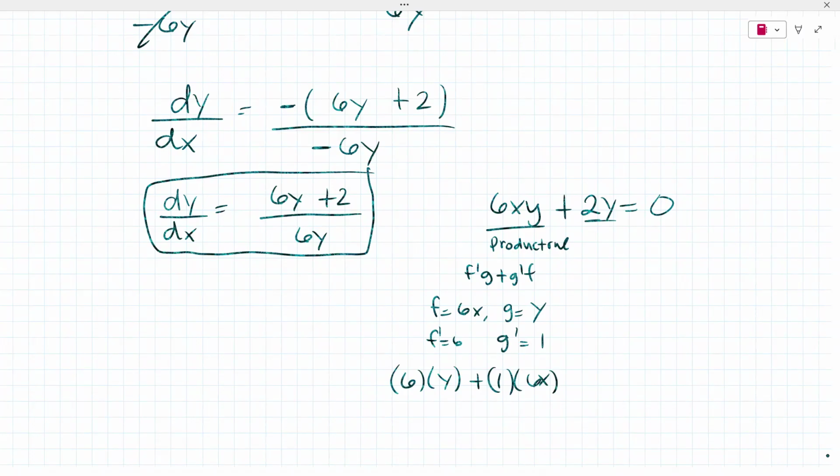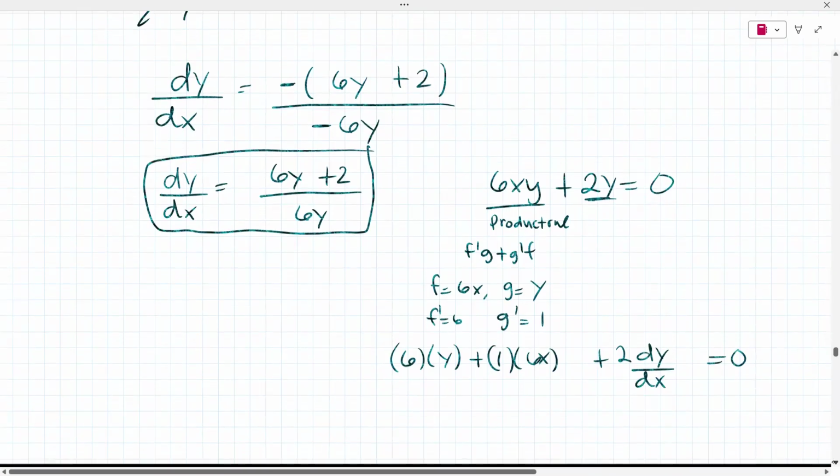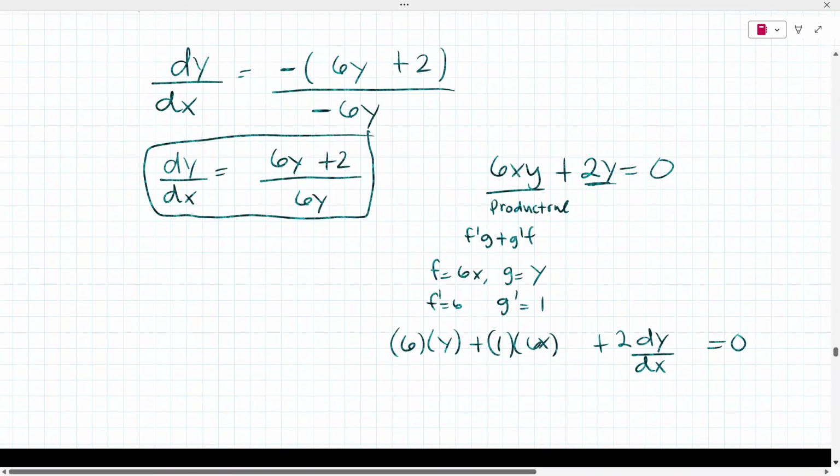Okay, and then what's the derivative of 2y in respect to x? It's just 2, and then you add that dy dx, which is 0. So this is going to be 6y plus 6x plus 2 dy dx, which is 0, and then just try to get dy dx by itself. So I'm going to subtract 6y, subtract 6x.